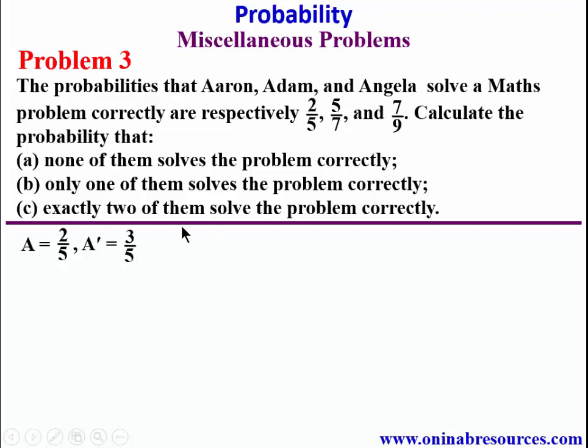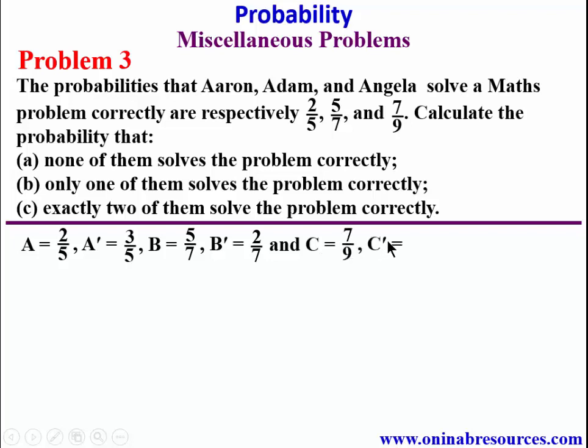Then we use B to represent Adam solving it correctly, and that gives 5/7. And the complement, which is Adam does not solve the problem correctly, will now be 1 minus 5/7, and that gives 2/7. And finally, the C, which is representing that Angela solves the problem correctly, 7/9.